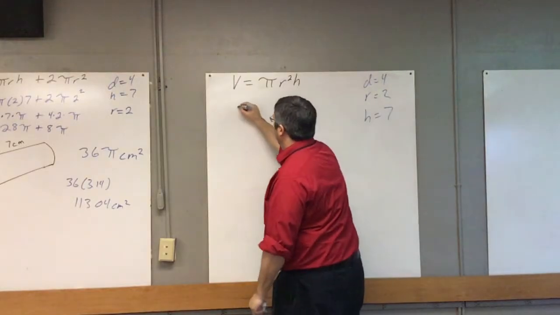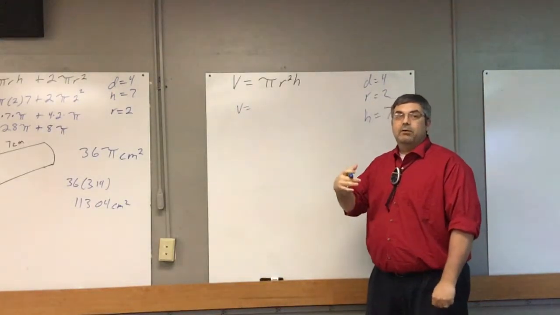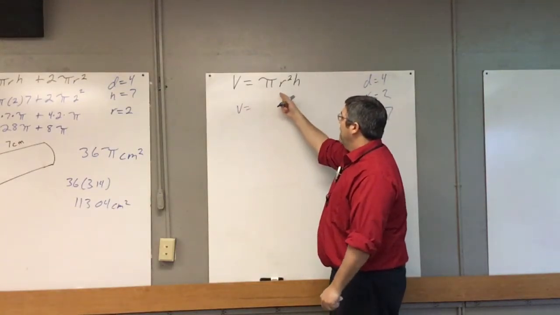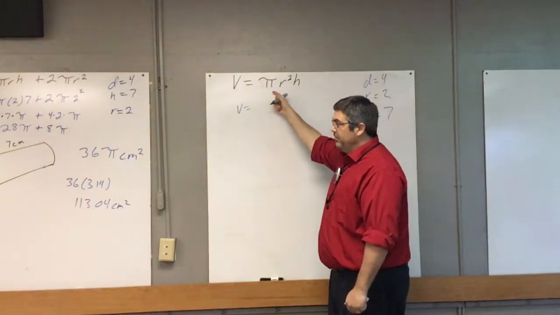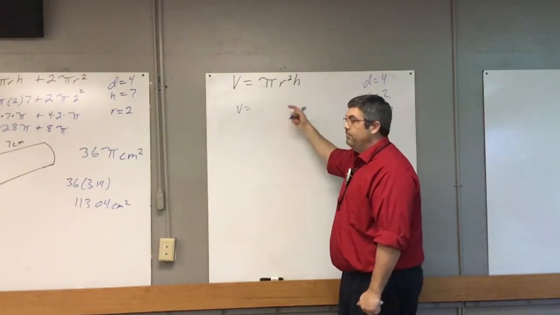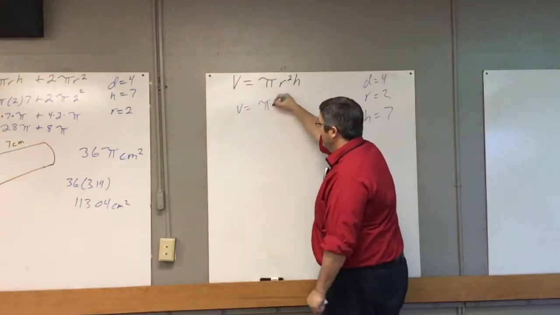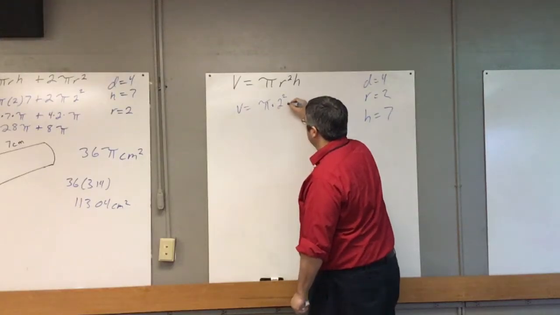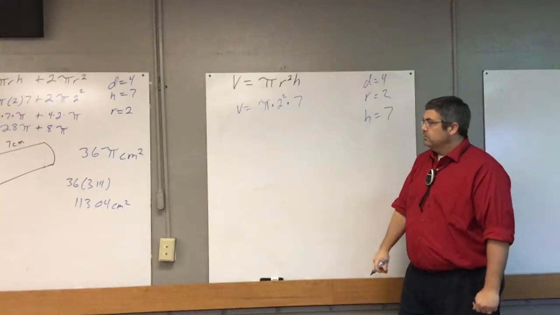So volume equals, remember, it's a cylinder, so I need to go find the volume formula for cylinder. Volume equals pi r squared h. Base area times height. So pi times radius squared, 2 squared, times the height. All right, so far so good.